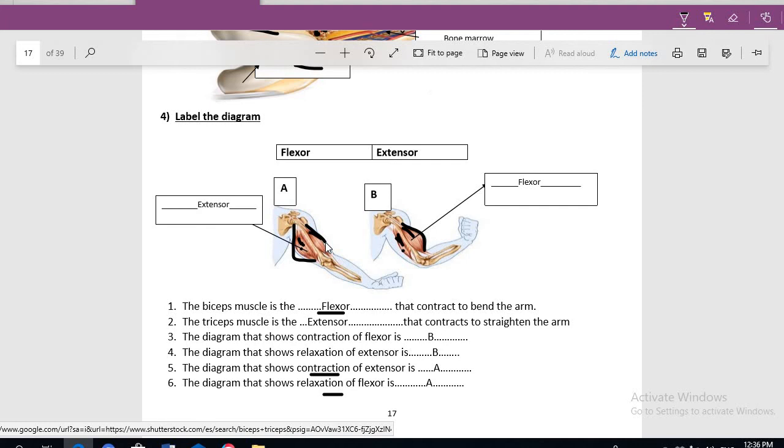So when you straighten your arm, what happens? Your extensor contracts, while the flexor or biceps relaxes. When you want to bend your arm, look what happens: the flexor or biceps contracts, while the extensor or triceps relaxes.